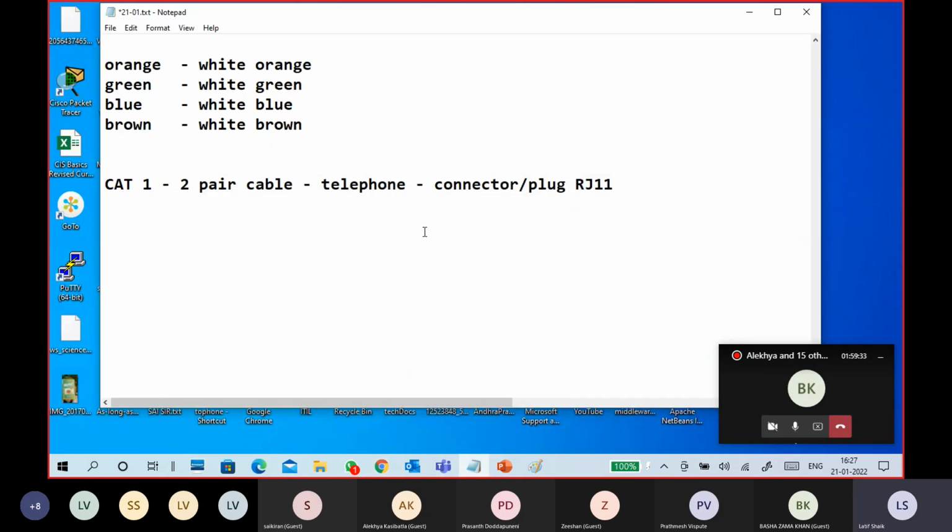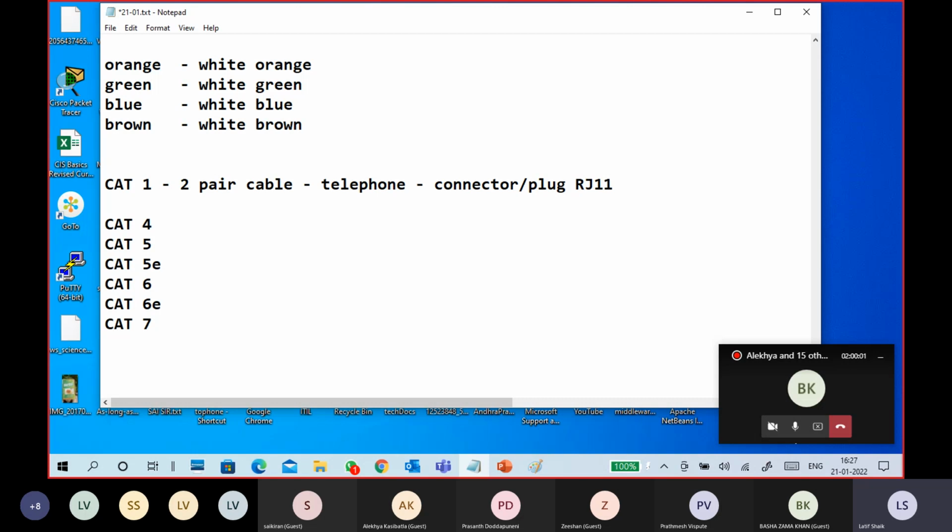Next, Category 2, 3, 4, like that. But the important ones are Cat 5, Cat 5e, Cat 6, and Cat 7. The latest one is Cat 7.